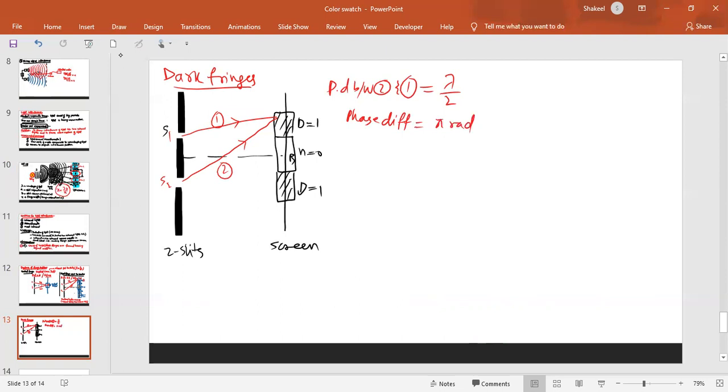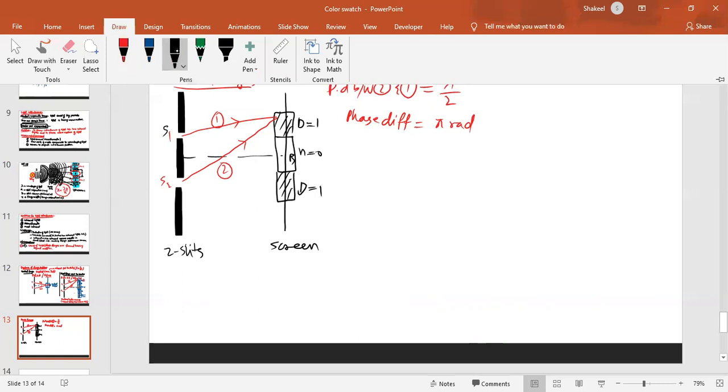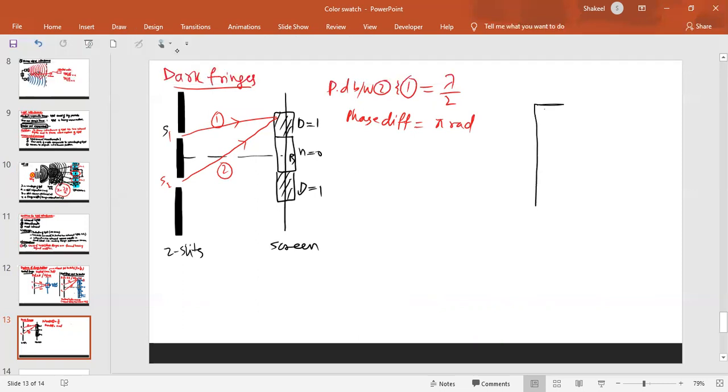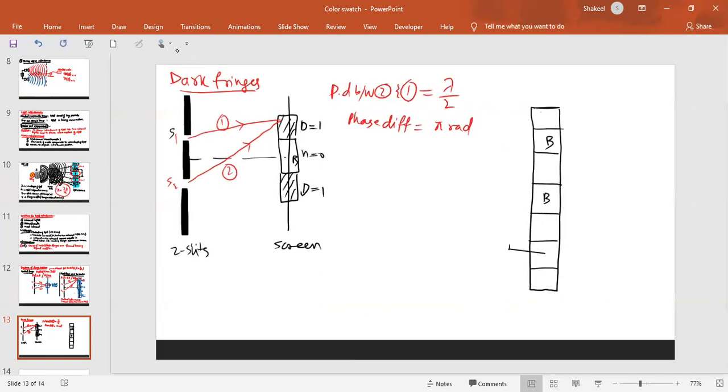So summing it up, overall, the fringe pattern would be, let's say, 1, 2, 3, 4, 5, 6. This one is bright, bright, and the other ones are dark. And let's say this is the central.